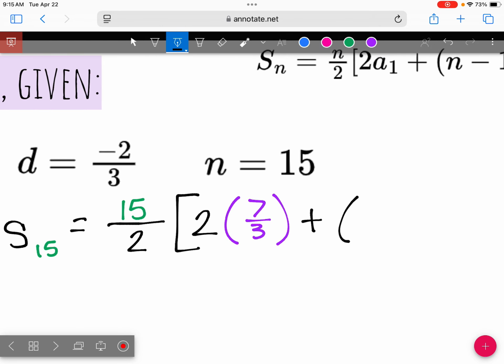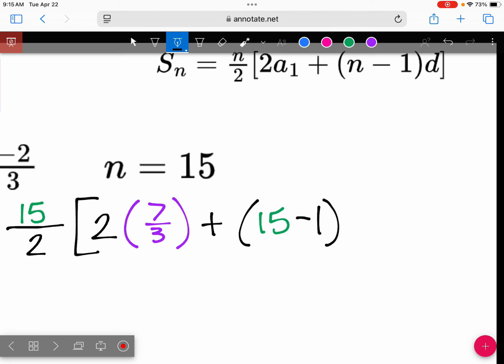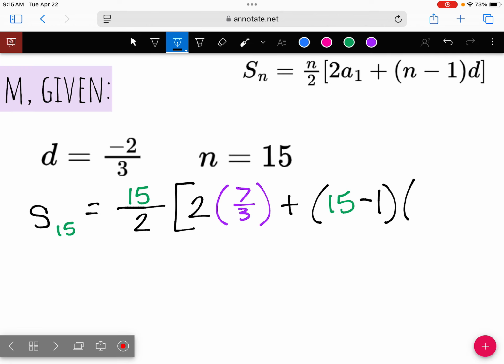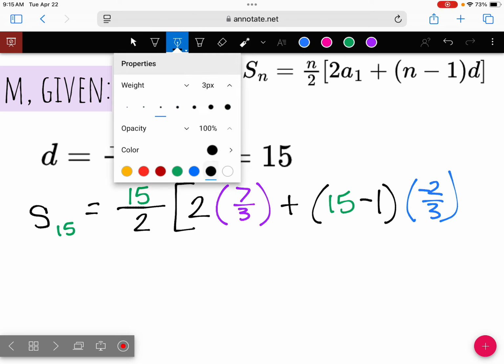-35. Say it again? Yes. 15 minus 1. Y'all are just faster than me, especially because I'm marking things down. Our common difference of -2/3. So we should be setting it up like this.